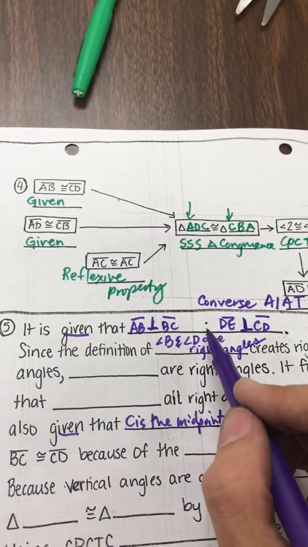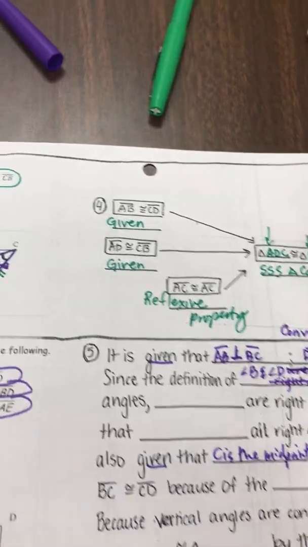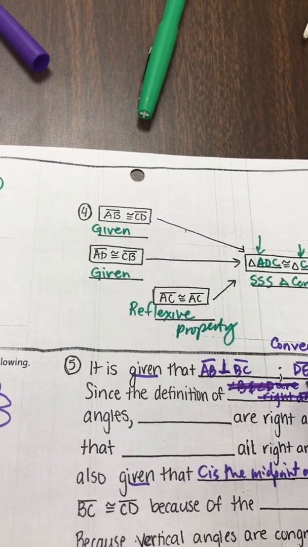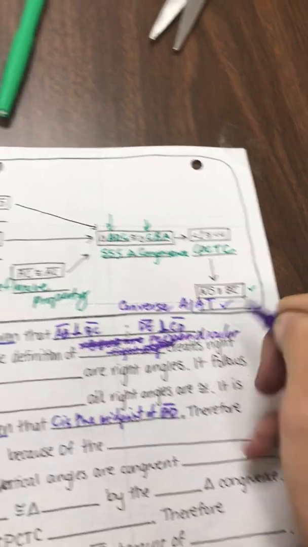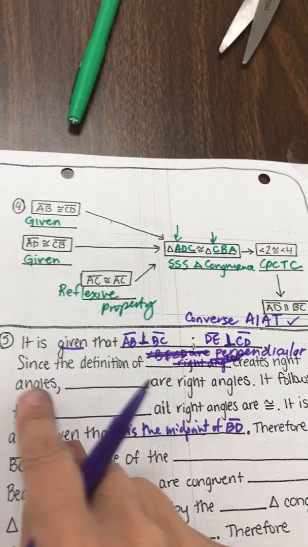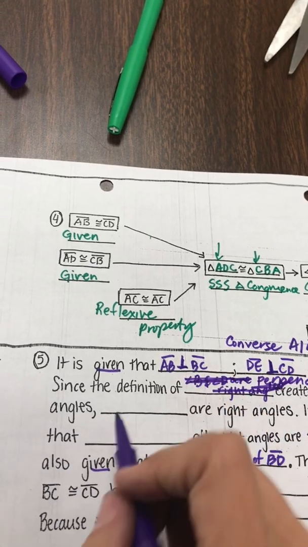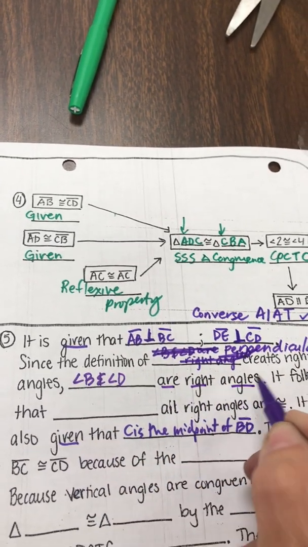Never mind. I think they're restating that. Yeah. So I think they just put, since the definition of perpendicular. Sorry about my mistake. Since the definition of perpendicular means they're creating right angles, we know that's what I want there. Angle B and angle D are right angles.